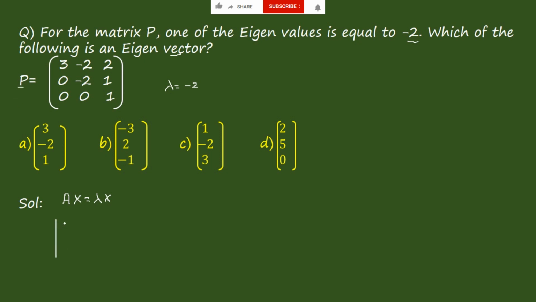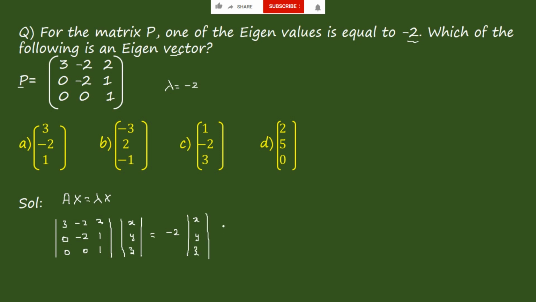We get nothing but 3, minus 2, 2, 0, minus 2, 1, 0, 0, and this is 1. Right? Now coming to X values, if you consider these X values as x, y, and z, which is equal to nothing but lambda, given as minus 2, into x, y, and z.